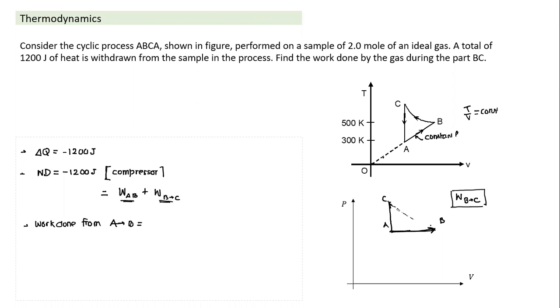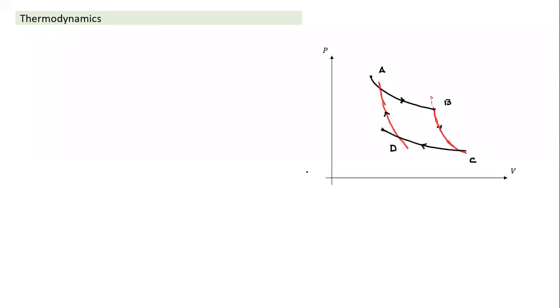NR delta T. Why NR delta T? Is that correct? Pressure is constant, right, sir? So pressure is constant means what? P delta V, which is NR delta T. Yes, P delta V. So we can solve this question also. Okay, that's the key idea.